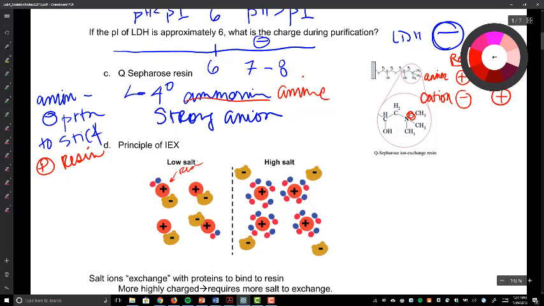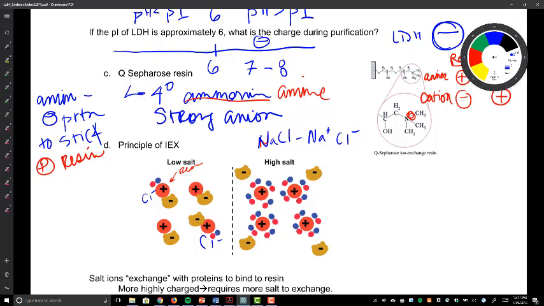When we have a low concentration, some of the salt molecules are going to solvate and be attracted to the positively charged resin. For instance, if we have NaCl in our buffer, it's going to be Na plus and Cl minus. Those Cl minus ions are going to be attracted to the positively charged resin.